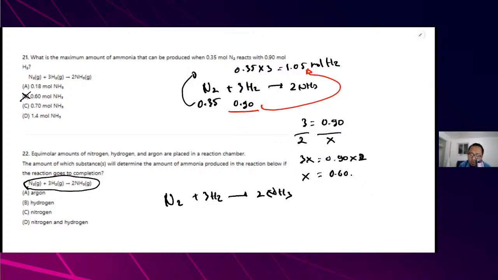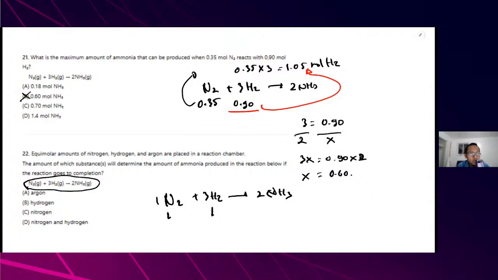Based on the balanced equation, 1 N2 will react with 3 mol H2. If you have equal moles, say 1 of each, which one will completely run out first?